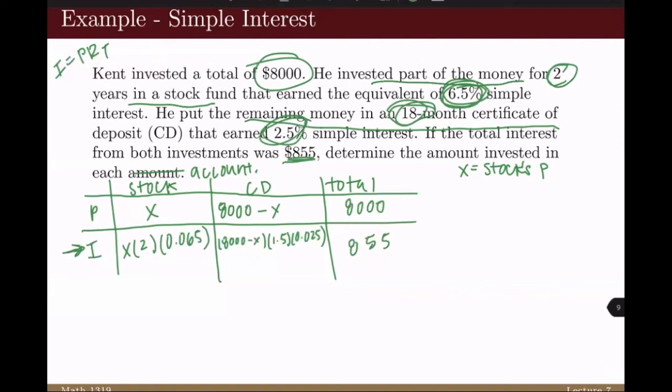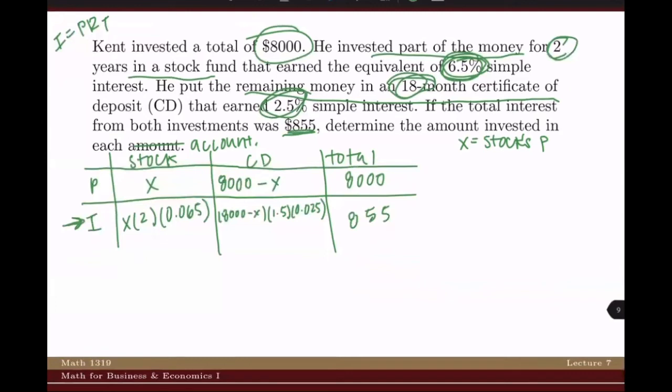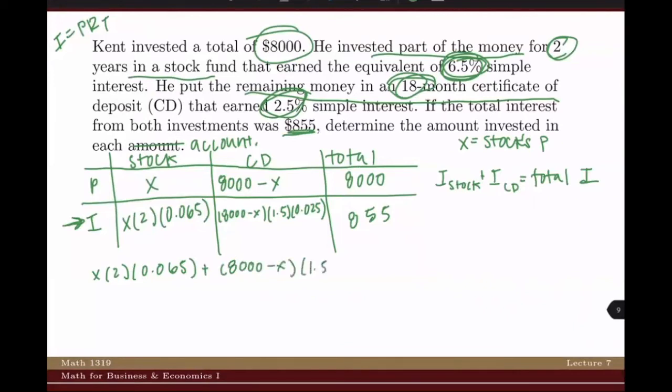So we know that the interest from the stock plus interest from the CD is going to equal the total interest, right? Well, that means that I'll have X times 2 times 0.065 plus 8,000 minus X times 1.5 times 0.025 equals 855.